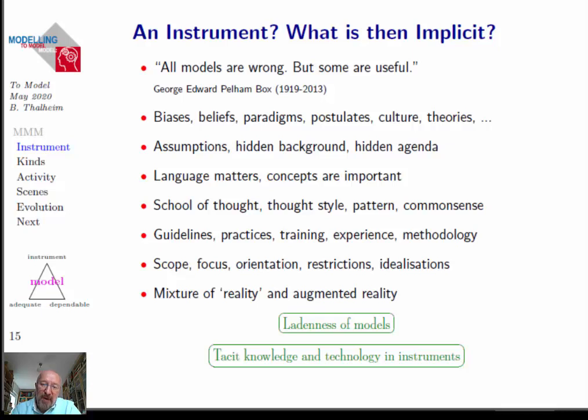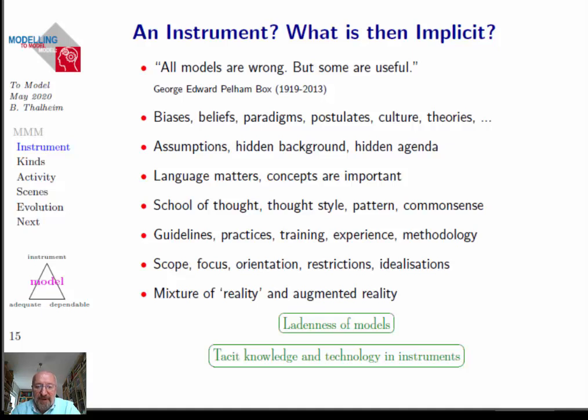We have biases, beliefs, paradigms, postulates, cultural theories that are, of course, determining the kind of the model. We have assumptions, a hidden background, a hidden agenda. We have also languages that are used. We have a school of thought, style, pattern, and common sense that are somehow determining which kind of model is acceptable for our community of practice.